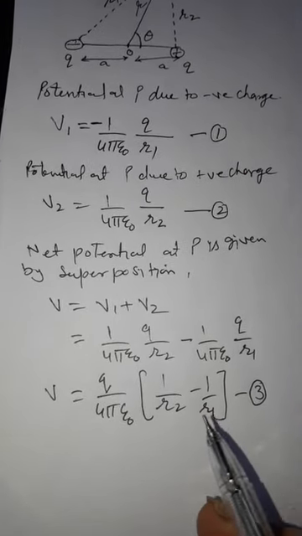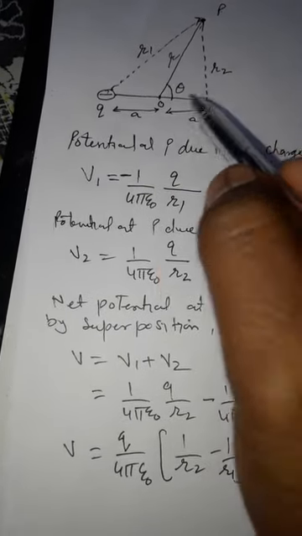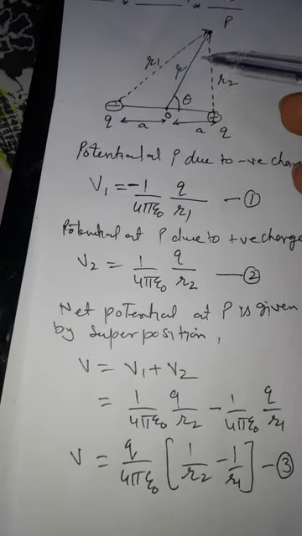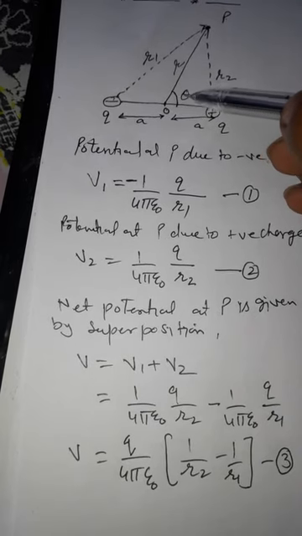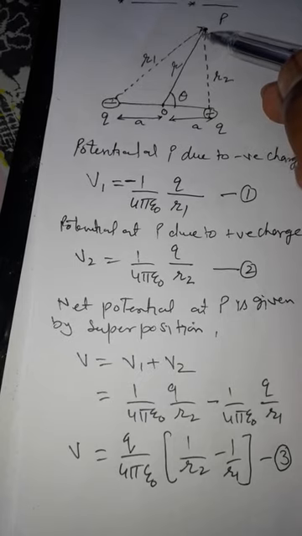So now from the geometry, consider a displacement vector a and another displacement vector r, which are inclined at an angle theta. So the resultant is given by the vector r1.